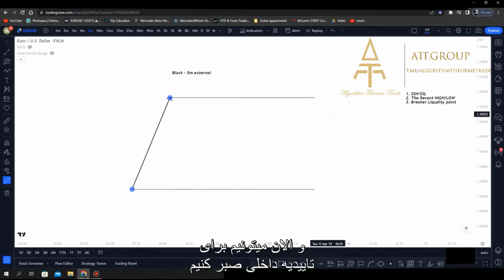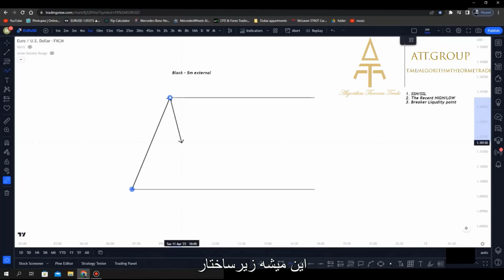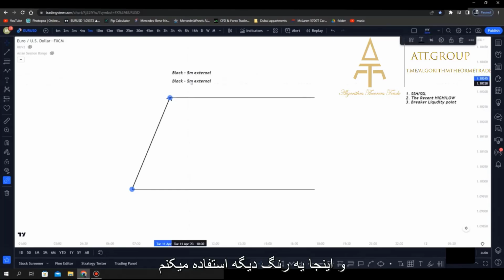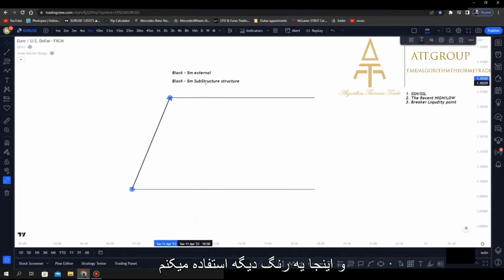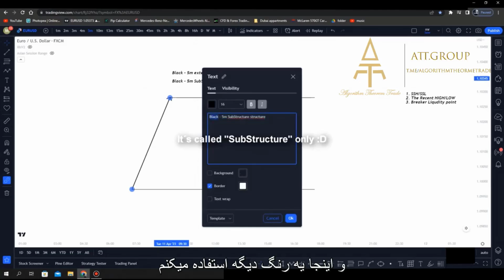So what we can do right now, we can wait for internal confirmation. So this is substructural structure. Yeah, this is external structure, and I'll make this another color for you. Structure. Make it blue.